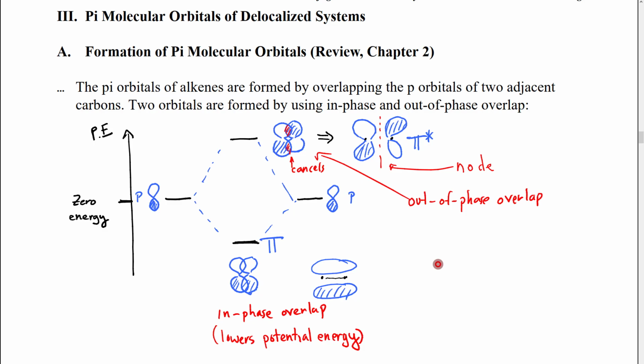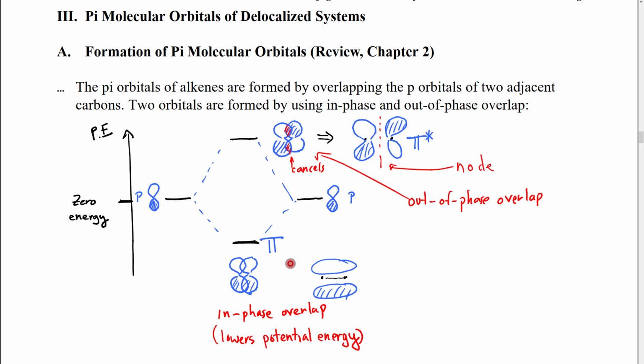With pi bonds, we could actually use molecular orbital theory. In molecular orbital theory, you overlap the orbitals while they're empty. You do mathematical calculations that create new orbitals, in other words, new shapes for the electron clouds, and also new potential energies for these new electron cloud shapes.